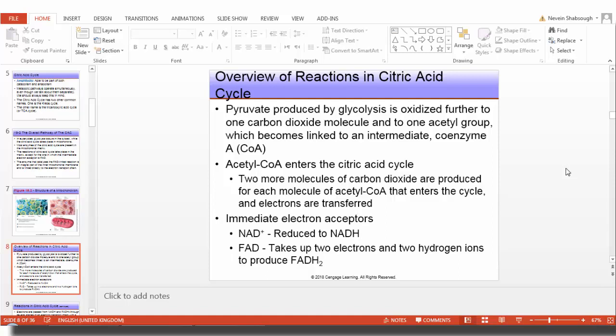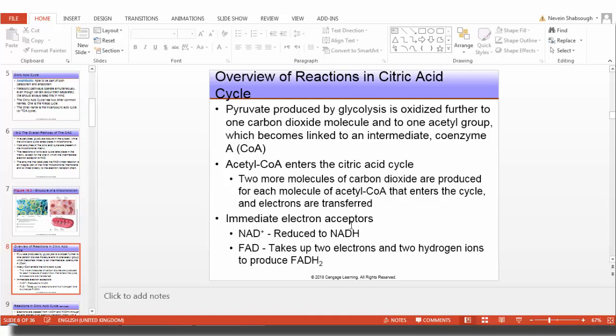Now, at the beginning, pyruvate is oxidized to one carbon dioxide molecule and to one acetyl group, and then this becomes linked to an intermediate coenzyme A. Now then the acetyl-CoA enters into the cycle where two more molecules of carbon dioxide are produced for each molecule of acetyl-CoA that enters into the cycle, and electrons are transferred.